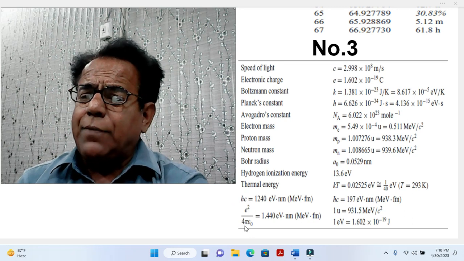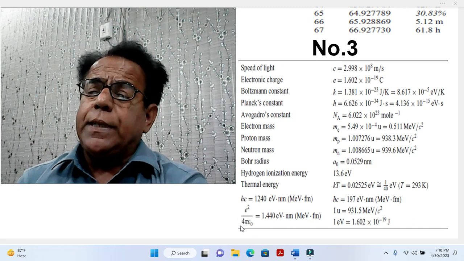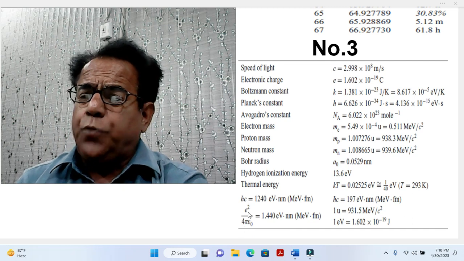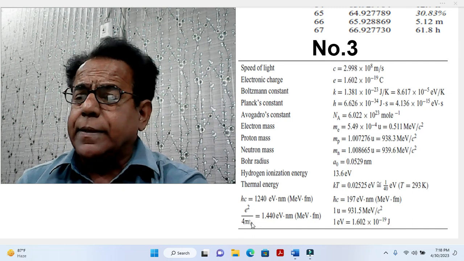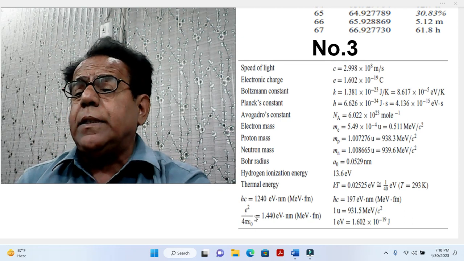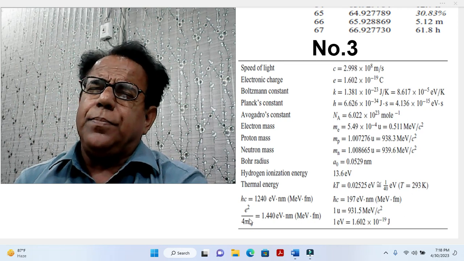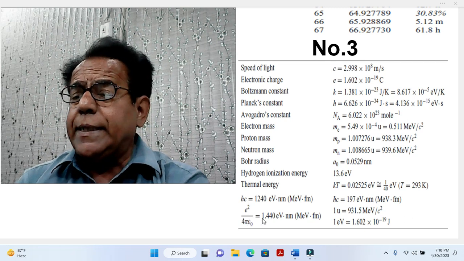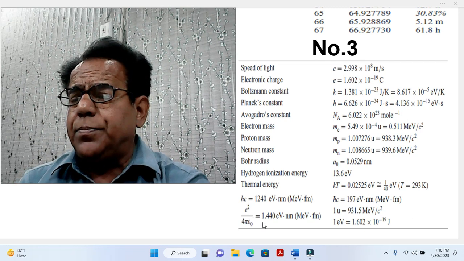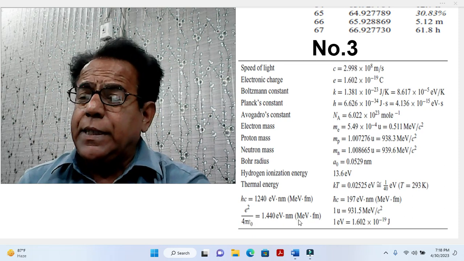In our previous problem or previous video, we had counter checked this value by putting values of e, pi and epsilon naught separately in this expression, and we solved all these values, and only one or two conversion factors were used, and its value had come exactly equal to this value.